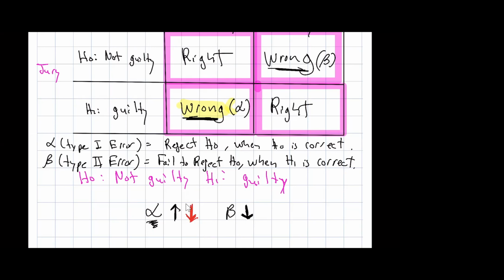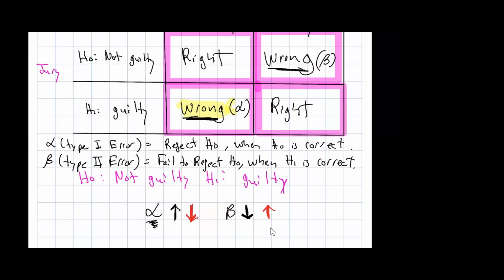So if we're going to be convicting less people, that means the chances of me making a type 2 error would now go up. Because if now I'm very afraid to send anybody to jail, I have to realize that the chances of me sending a guilty person free is going to get higher, because since I'm so paranoid of making a type 1 error of sending an innocent person to jail, I'm not going to want to send anybody to jail.